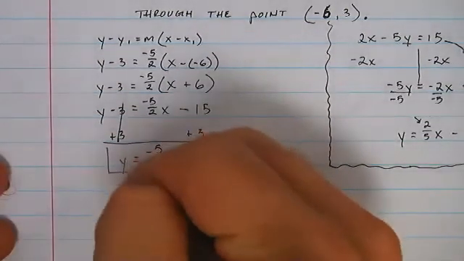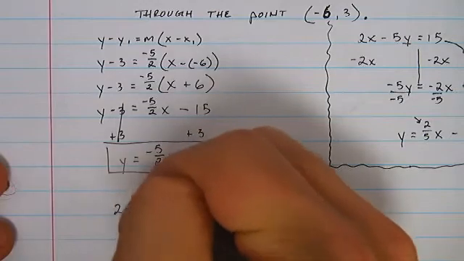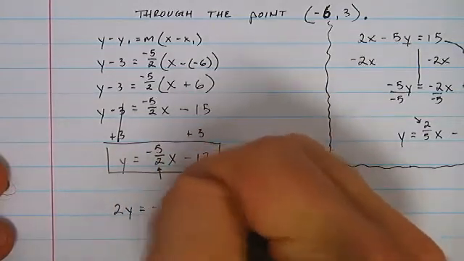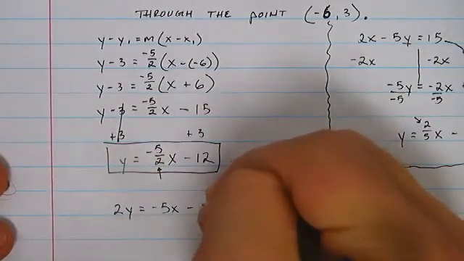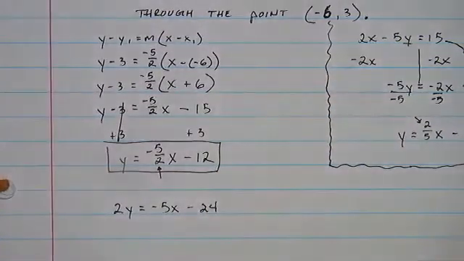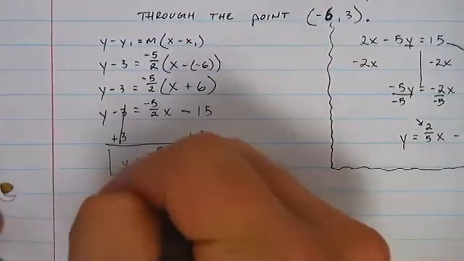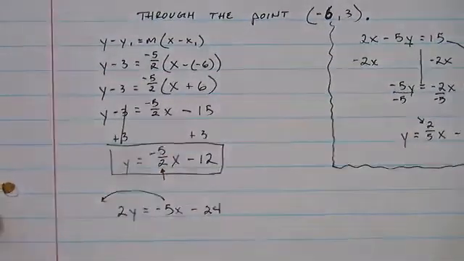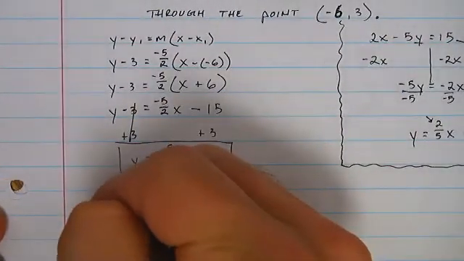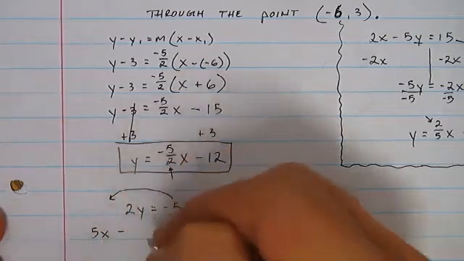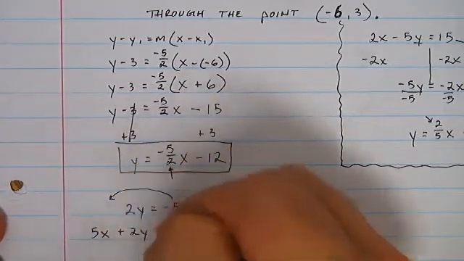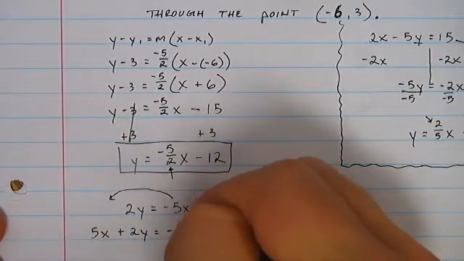And so initially you end up with 2y equals negative 5x minus 24. Okay, and that was just to get rid of that denominator of 2. And then the last thing to convert to standard form would be moving the 5x right over here to the other side. So my standard form would be 5x plus 2y equals negative 24.